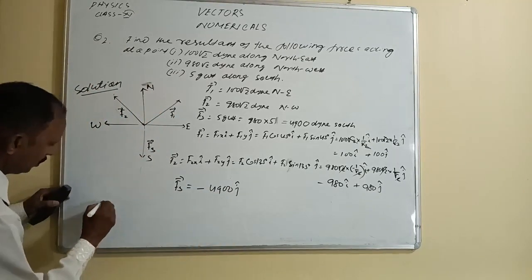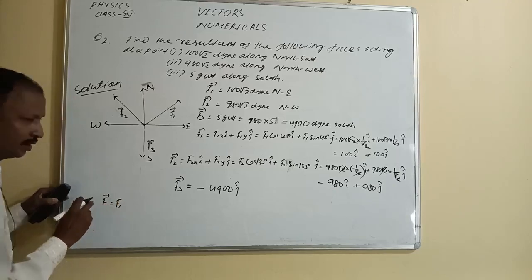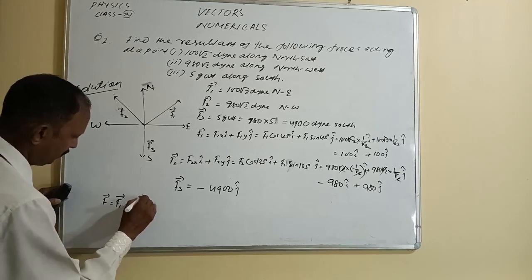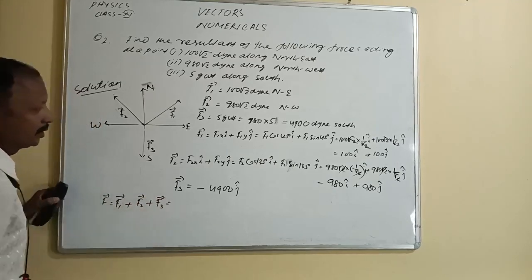See here. This F vector is equal to the resultant vector, F1 plus F2 plus F3.